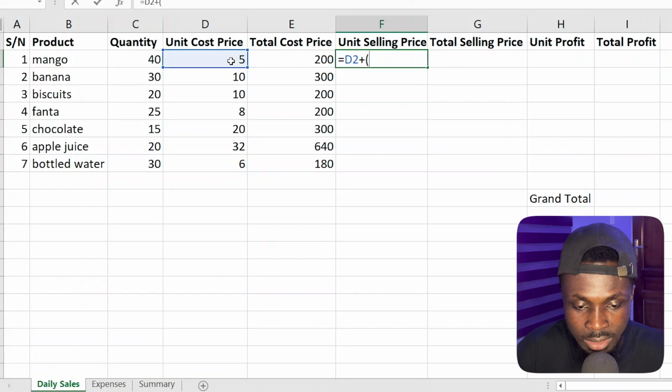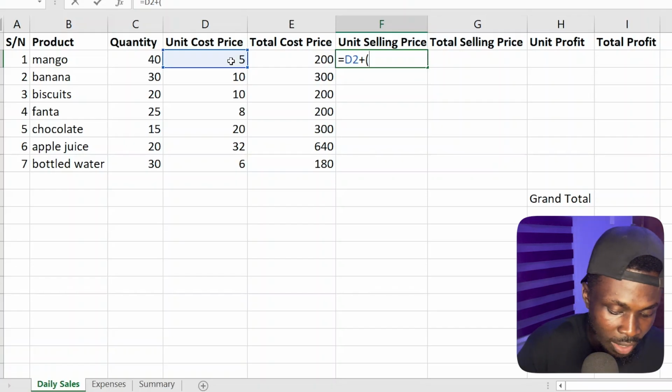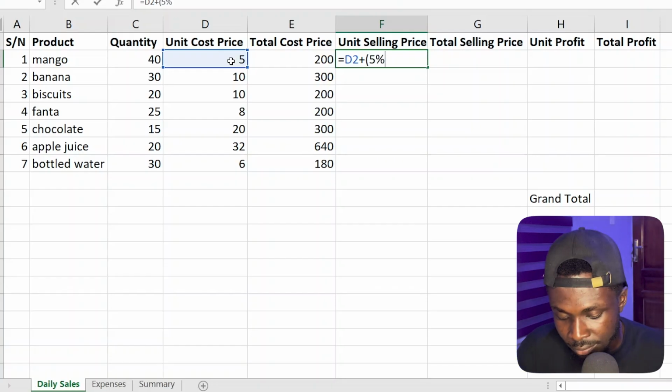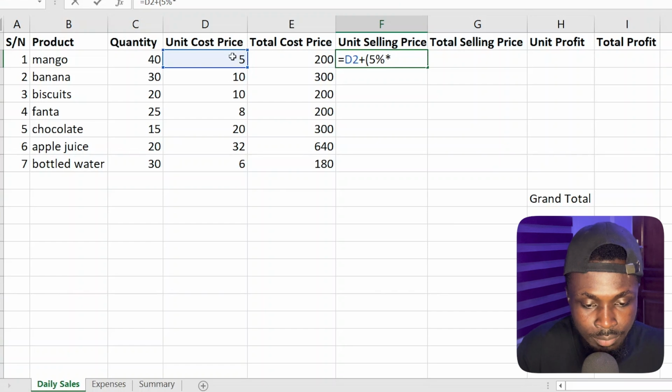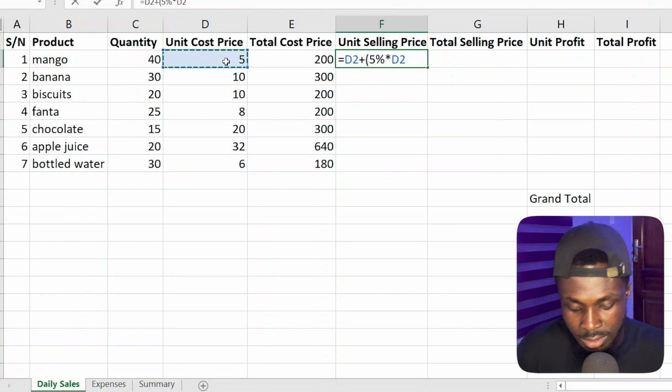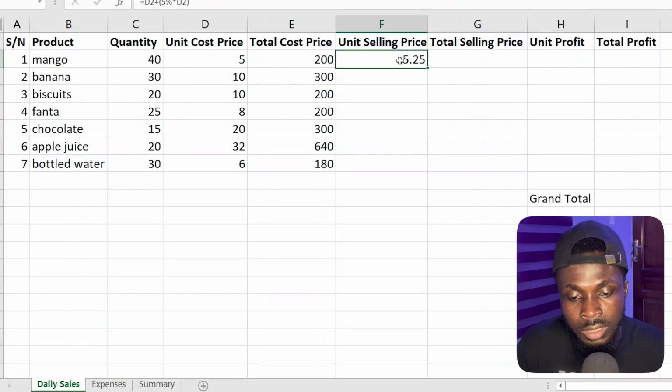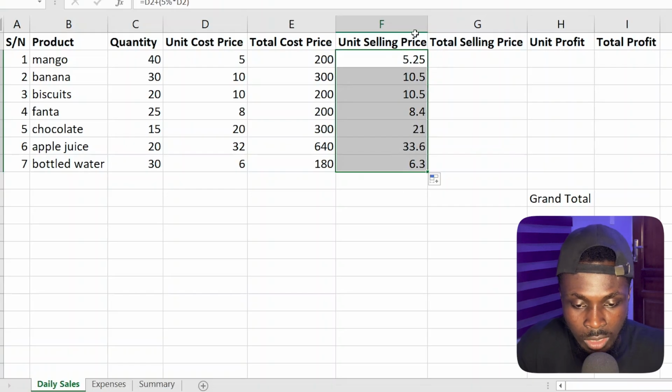In the parenthesis, I'll just enter 5%. And then with the 5%, I'll multiply it by the same unit cost price, which will give us the unit selling price. So I'll press the enter key. After that, I'll just put my cursor here and then double click. So now I have my unit selling price.